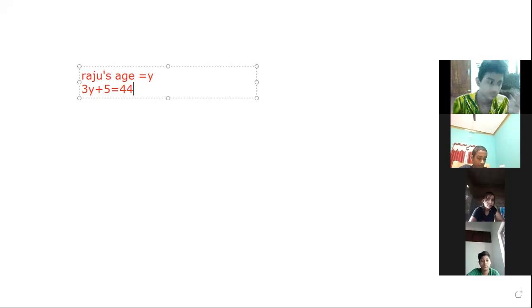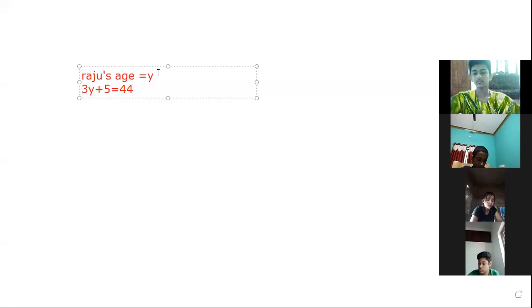Here, what was our question? Raju's father's age is 5 years more than 3 times Raju's age, and Raju's father's present age is 44 years. So we have to set up an equation using this concept. First of all, we have to choose a variable. While choosing a variable, we have to find the unknown. Here in this problem, the unknown is Raju's age. We don't know Raju's age, so instead of Raju's age we have chosen a variable y.